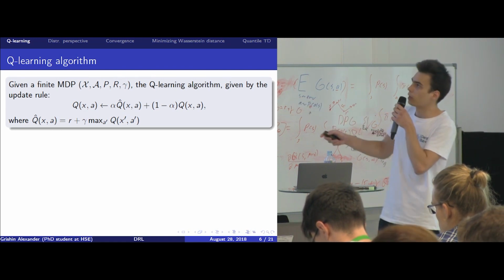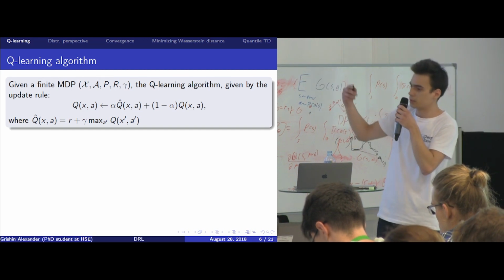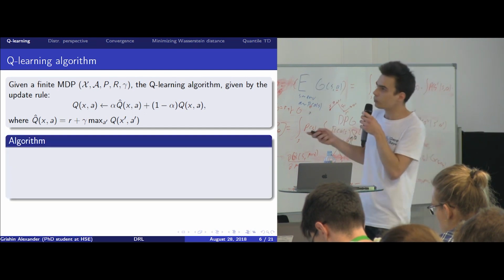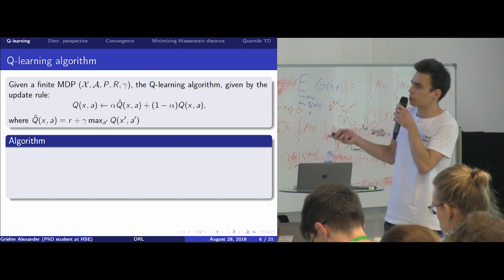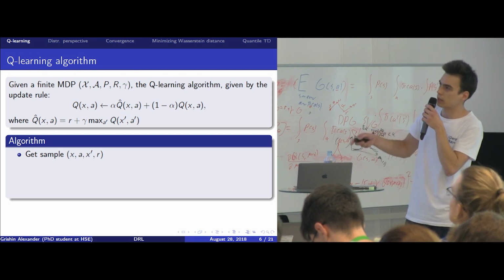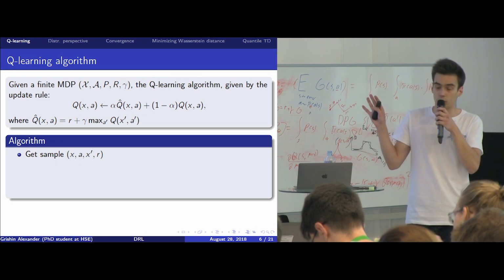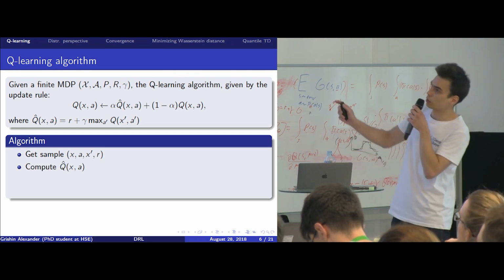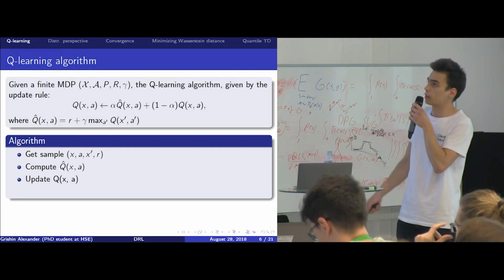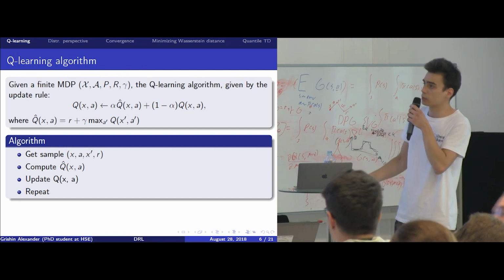Then at each time step, we take a weighted sum, and this is our next estimate. Specifically, we get some sample of state, action, next state, reward, maybe from a different policy. Then we compute our improved estimate, Q hat. Then with this equation, we update our Q and repeat this process.